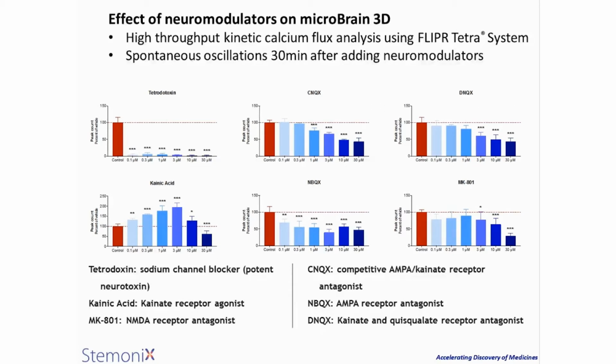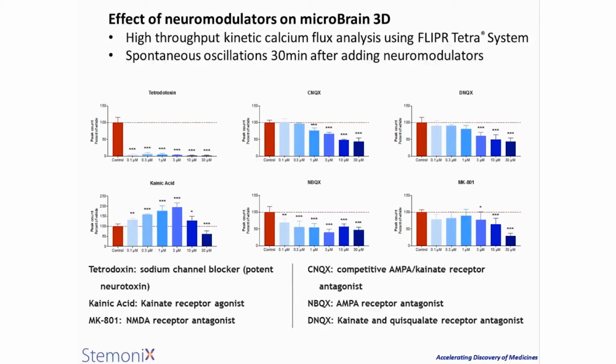We have a glutamatergic agonist like kainic acid, and with kainic acid you can observe that it increases the oscillation. What you're seeing here in the bar graphs is the peak frequency, or the oscillations that you observe, relative to the vehicle control that you have. So 100% means no change in the oscillation pattern, and less than 100% means that we're decreasing the number of oscillations, or repressing that signal.